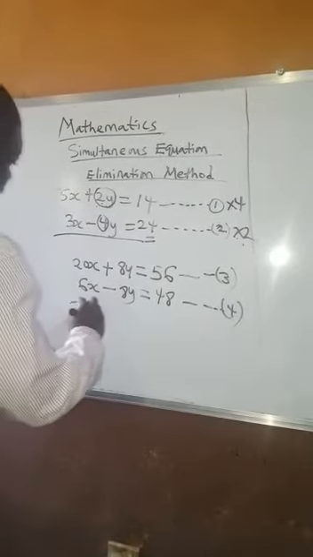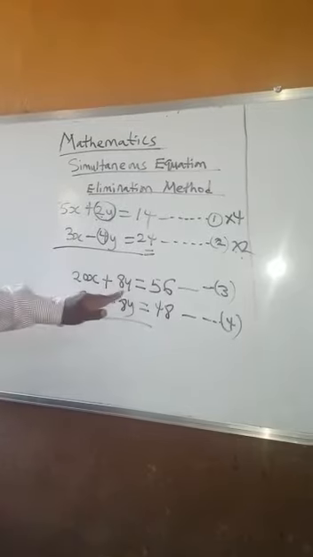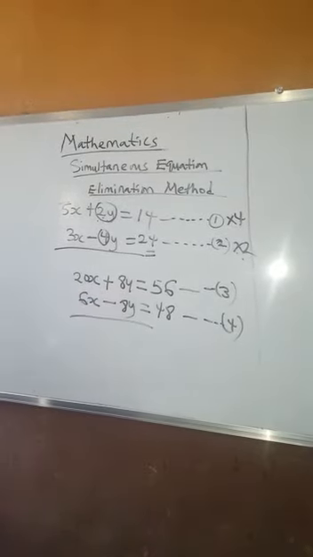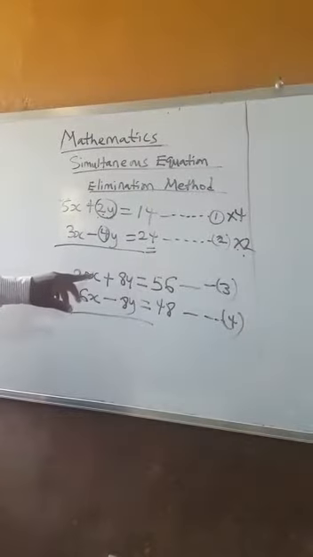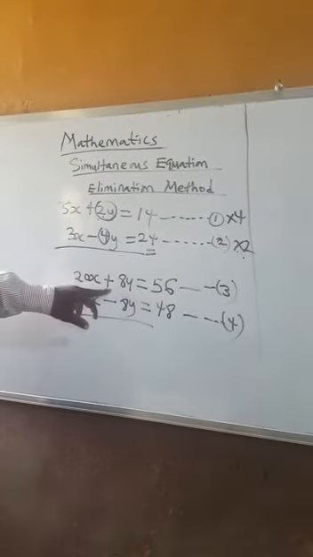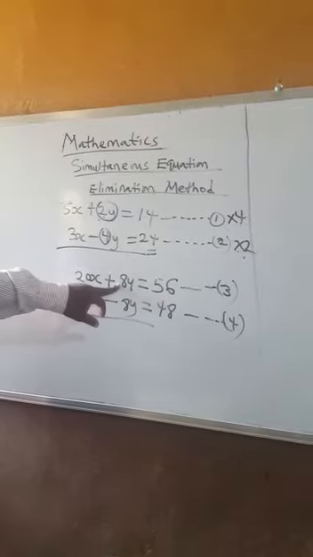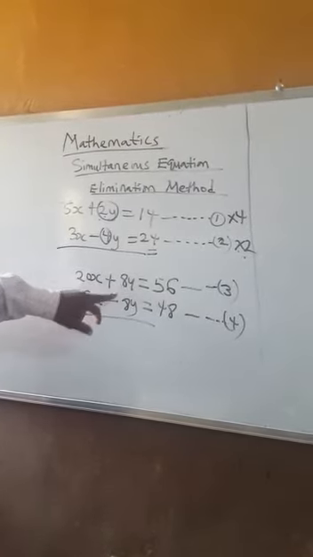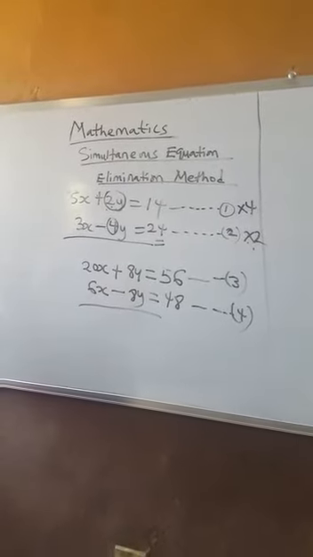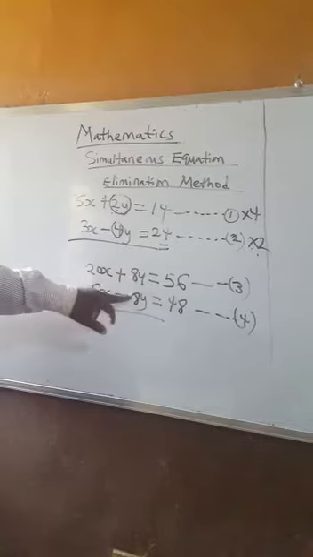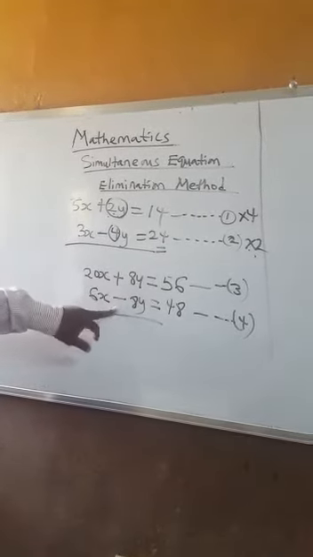Now we continue. We can now eliminate because we have the same values of y. Before we eliminate, we have to take into consideration the sign behind the coefficient of y in equation 3 as well as equation 4. The coefficient we have here is 8. Then we have to look at the sign. We have plus, minus.